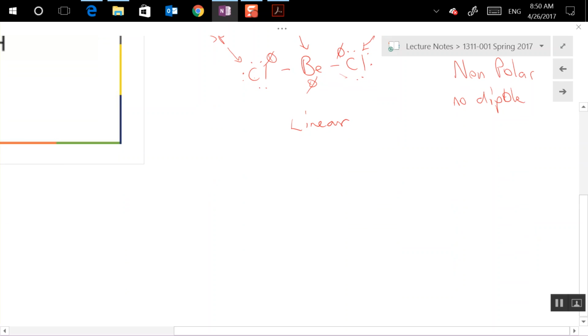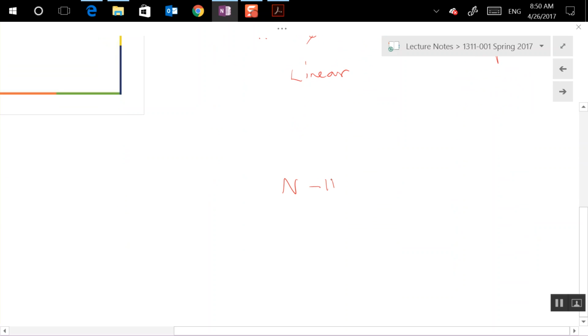Now, if you had a molecule like this, nitrogen is pulling for the electrons away from the hydrogen. Okay? And to represent the dipole moment on this, I might actually draw it more like this, showing the hydrogens are down, this lone pair is up. Which way is the dipole moment going? Where's the electron density being pulled towards?